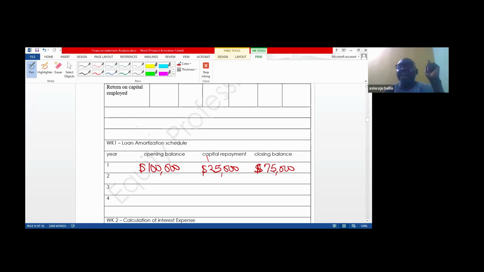The closing balance for year 1 is the opening balance for year 2, $75,000. In year 2 again, you are going to repay $25,000. Your balance here is $50,000. Closing balance for year 2 becomes opening balance for year 3.